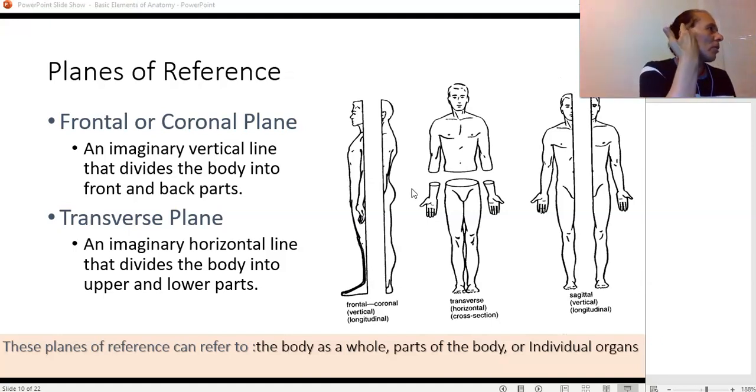So you go around here and you go down, splitting the entire head into front and back, as you could see in this picture here, and go all the way down, and that is the coronal cut, or the coronal plane, or the frontal plane.